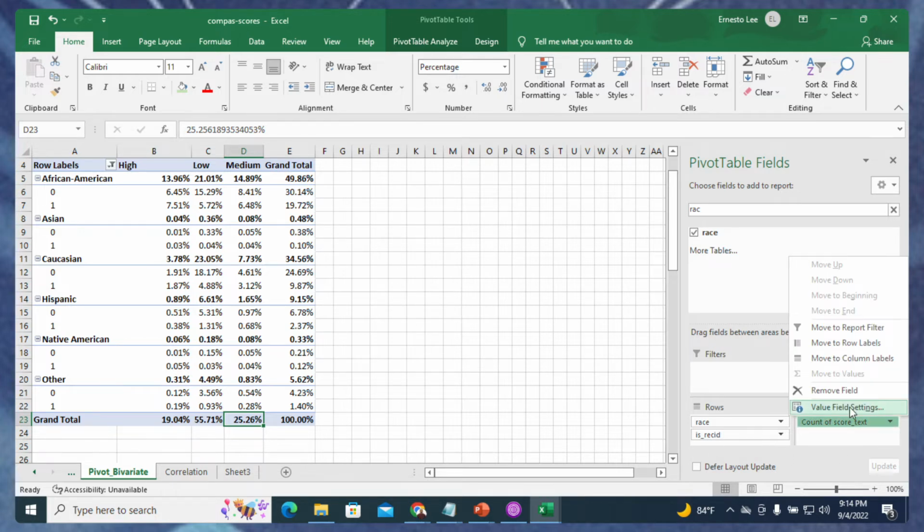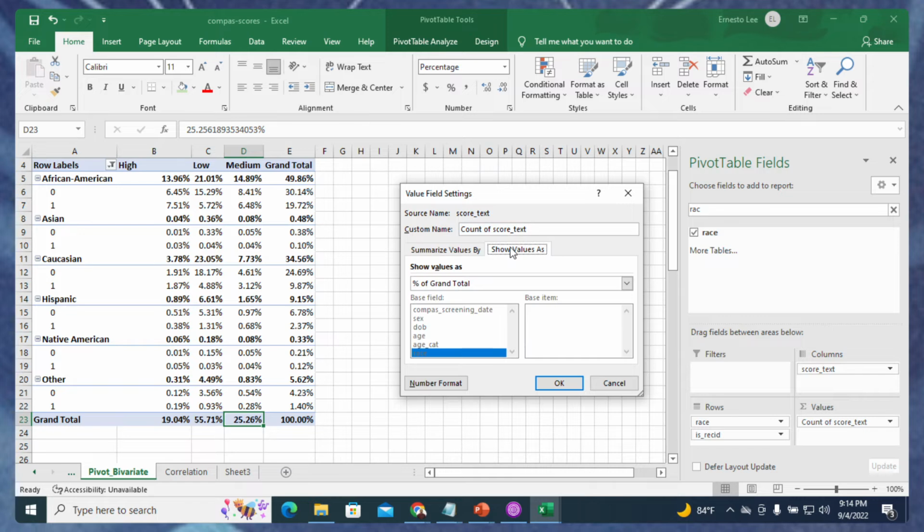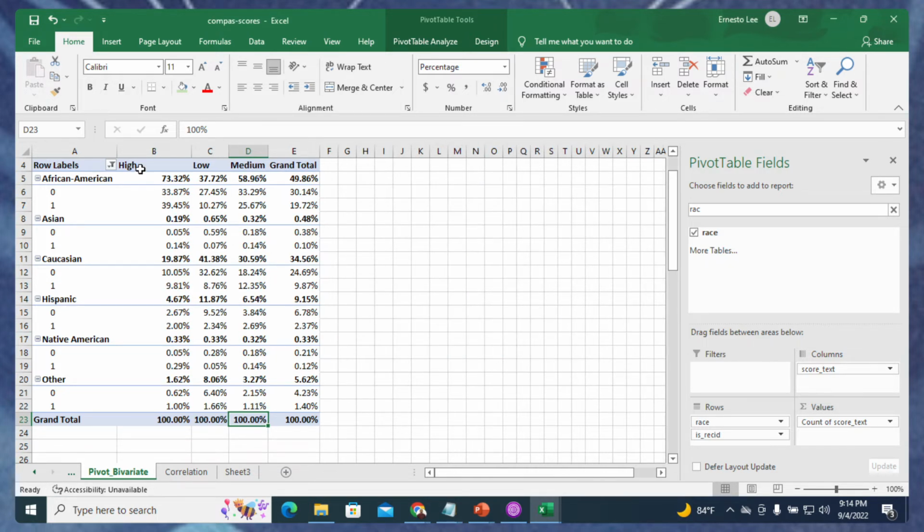If I looked at this with respect to show value as percent of the column total, I'm just looking at this column here.